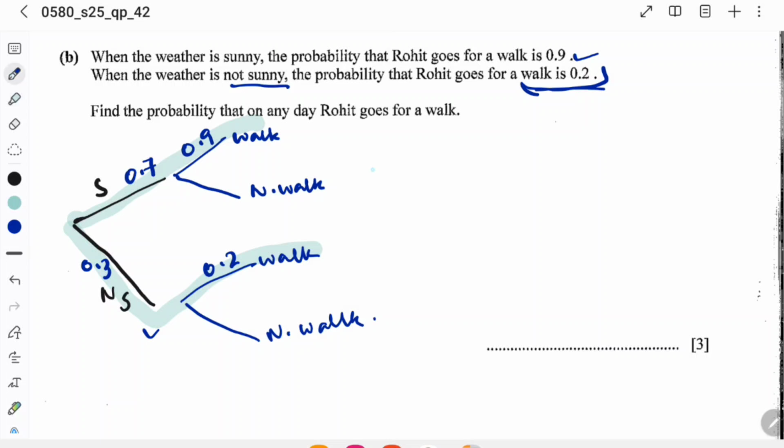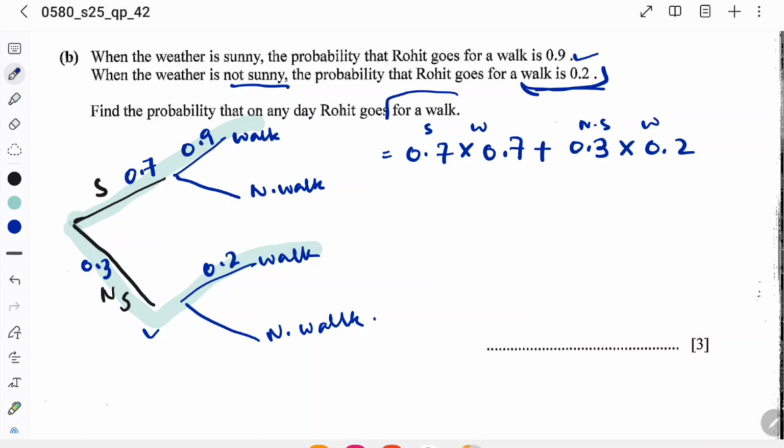We write the probability equals 0.7 times 0.9 plus 0.3 times 0.2. This is for sunny and walk, and this is for not sunny and walk, and we have to find the probability for walk.